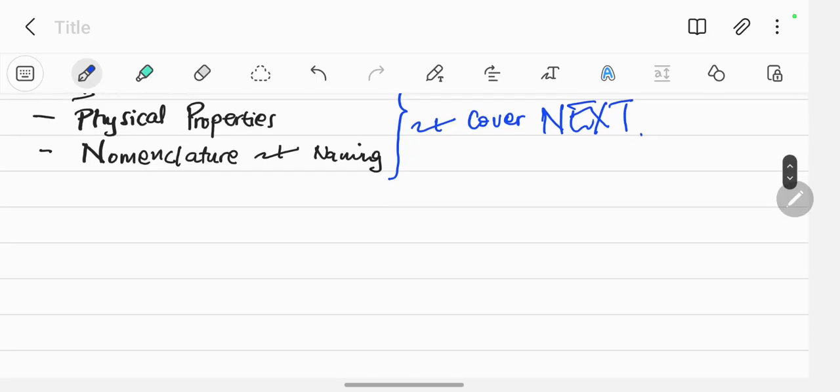So our aim is covering these alkenes. Then I move on to alkynes. After alkynes, then the first part will be done.